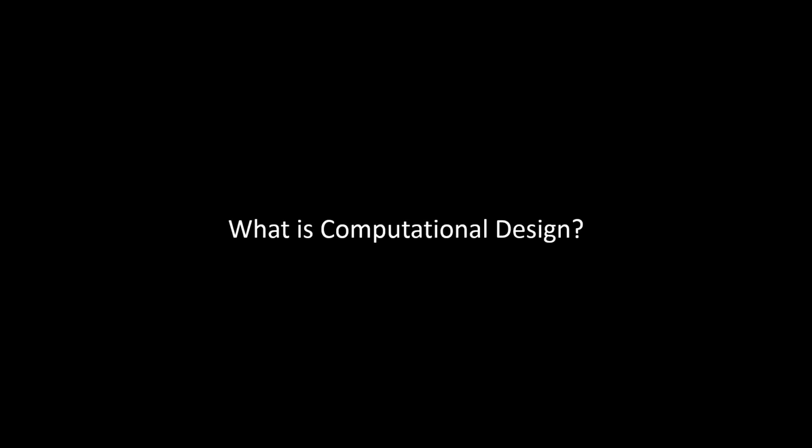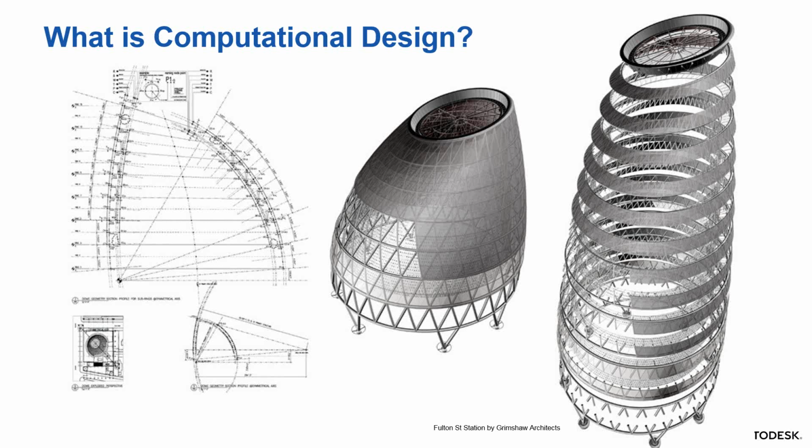So we're going to talk a little bit about computational design and this space that we see evolving similar to building information modeling. But it's kind of been separate for a while. It's been the province of other people that might not be using BIM or Revit. They might be using other tools, geometry modeling tools or programming tools to do this type of work. But we've been seeing a lot of emphasis on that.